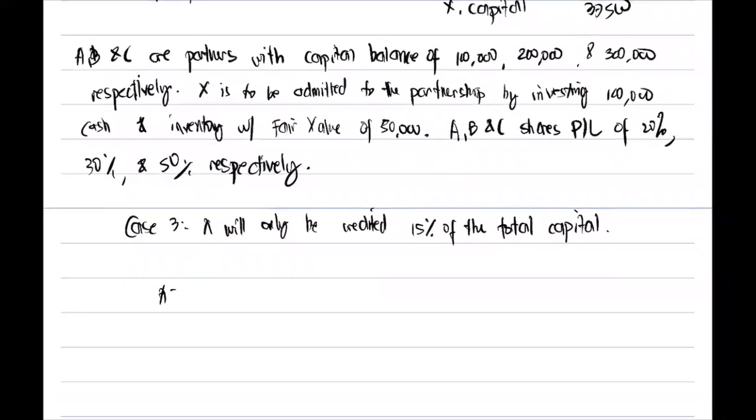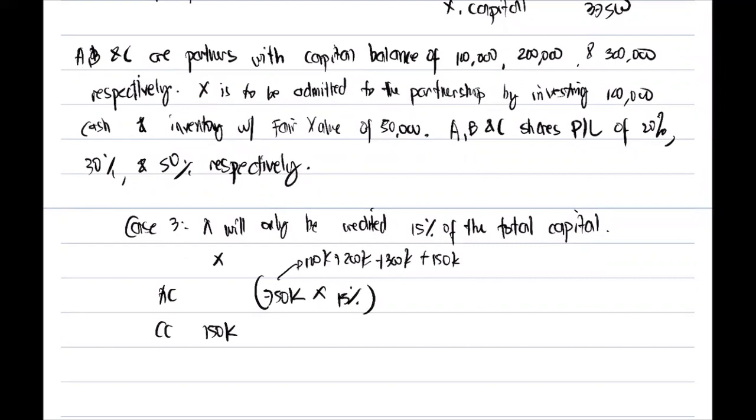So we have here agreed capital and contributed capital. What is the contributed capital of X? 150,000. So agreed capital, what is the total capital again? We have computed it as 750,000. Diba? This is equal to 100 plus 200 plus 300 plus 150. So 750,000. And what is the amount of capital credit? 15%.